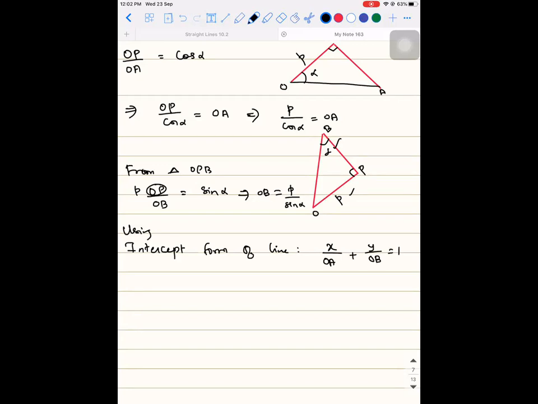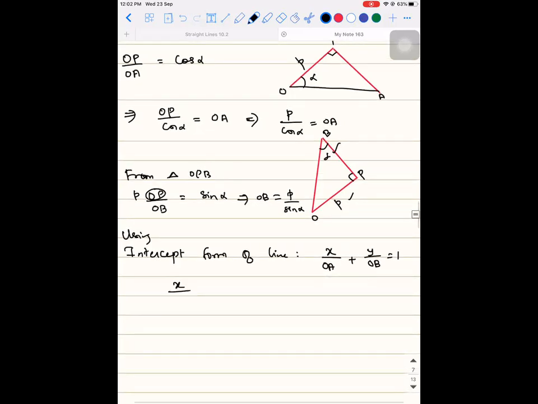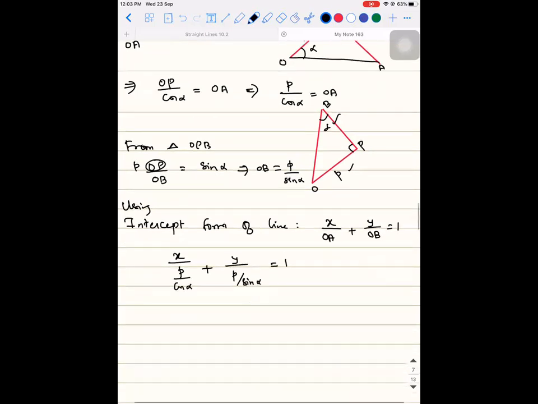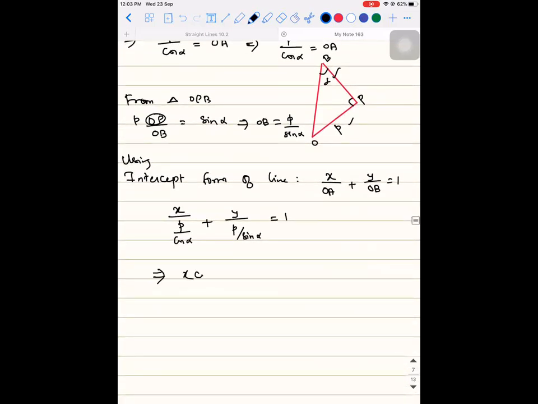So x divided by OA, which is p divided by cos alpha, plus y divided by OB, which is p divided by sine alpha, is equal to 1. That implies x cos alpha plus y sine alpha is equal to p. This is what is called the normal form of a line.